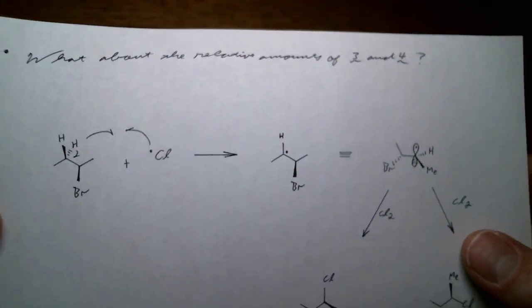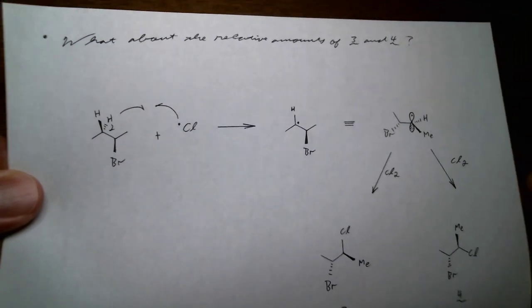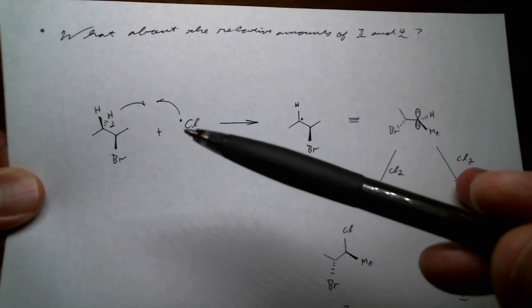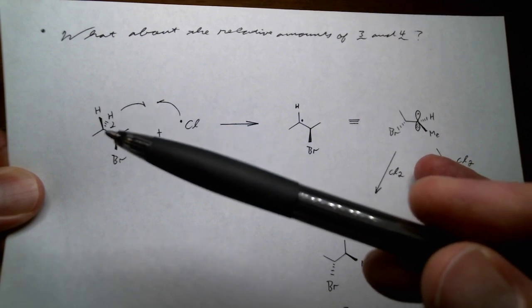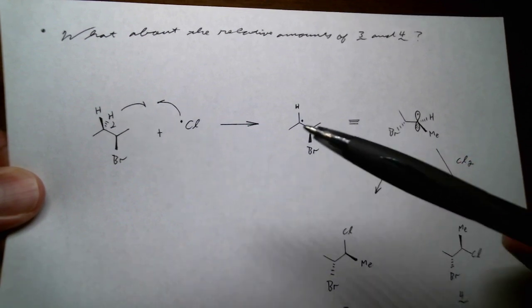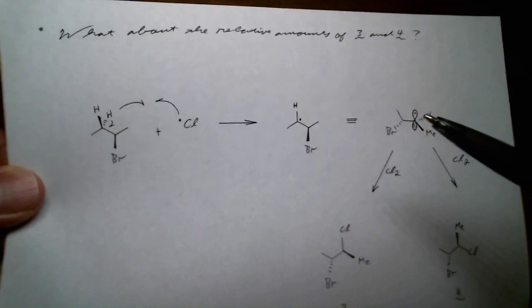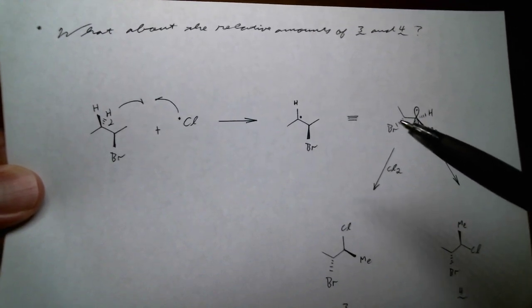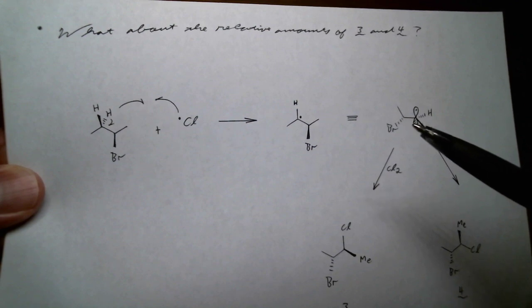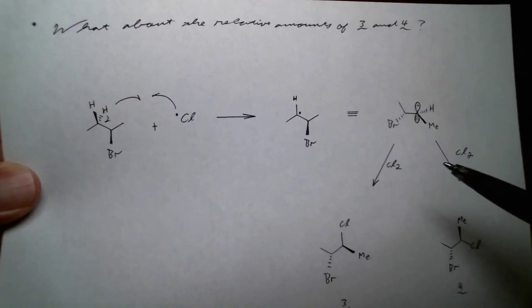Well, what about the relative amounts of 3 and 4? Like I said, our chlorine radical came in and abstracted one of these two hydrogens from this carbon and created this radical. Now this radical is actually chiral. It's not achiral. Why is it chiral? Because it possesses one stereocenter. And now the chlorine has a choice.